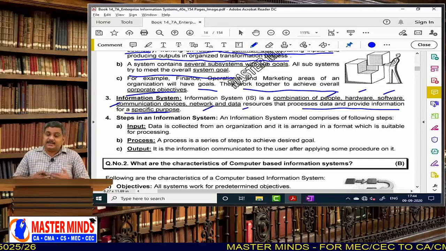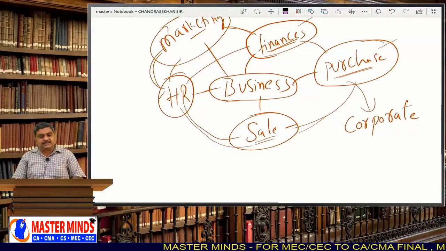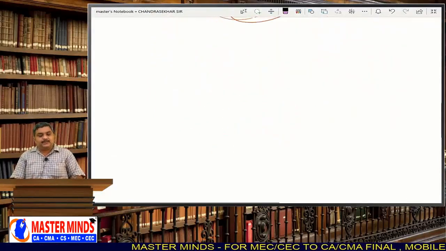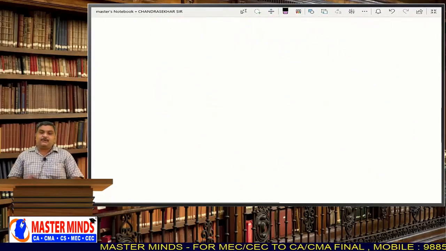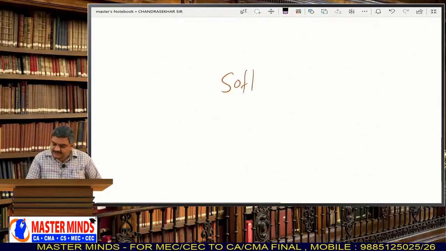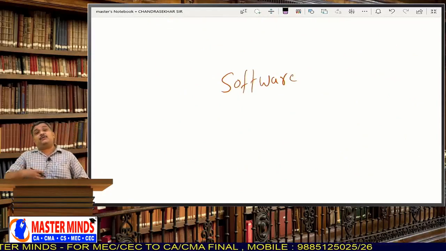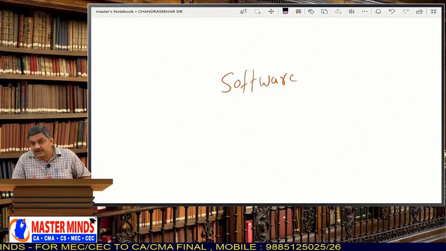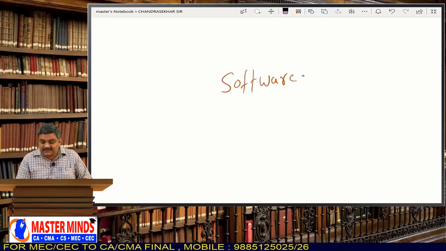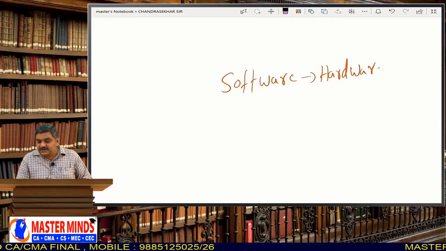Okay. See, for example, information system means what? First of all, information system means actually software. But you please tell me, can software function by itself? No. Software requires hardware to function. Isn't it right or not? They are complementary to each other.